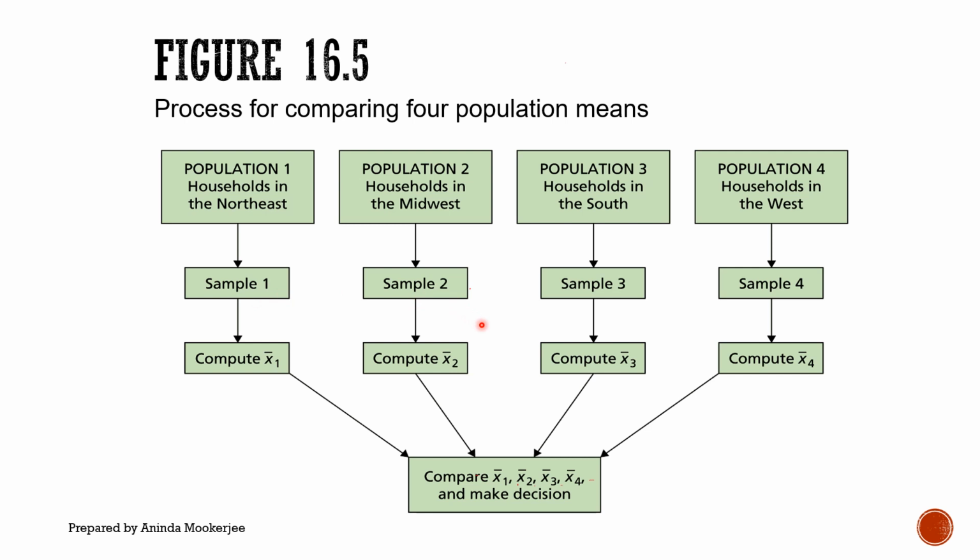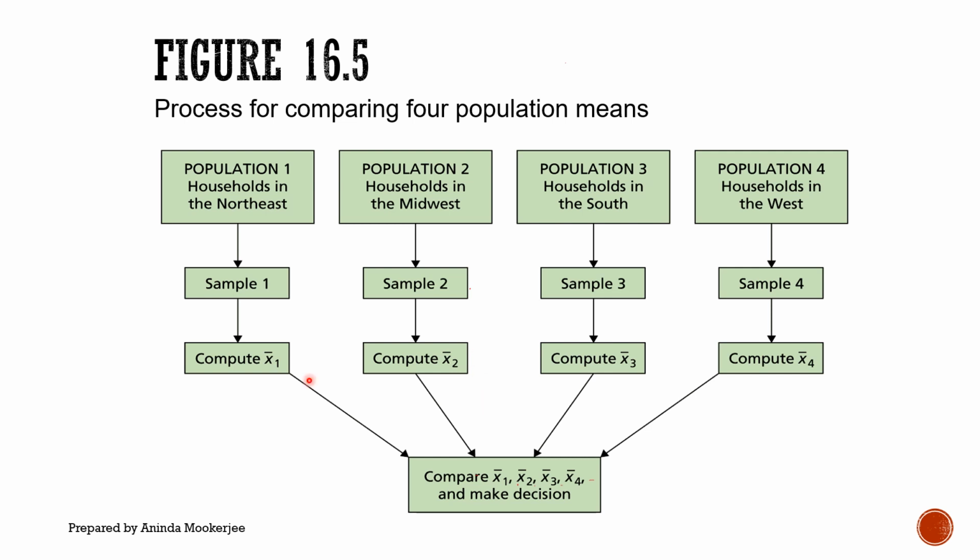And then once we get our sample, we take our measurements, we do the descriptive study on each of these samples, and we come up with x bar sub 1, the sample mean associated with sample 1. So it's the sample mean from sample 1, sample mean from sample 2, sample mean from sample 3, and so on. And once we have all our means, we will end up comparing the 4 sample means and come to a decision about the wider population. So that's going to be our strategy.